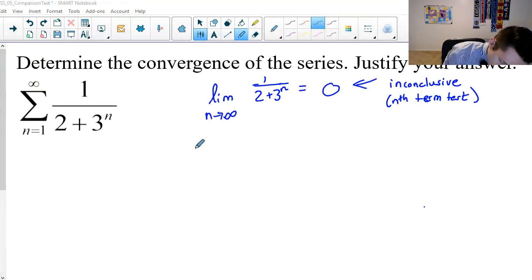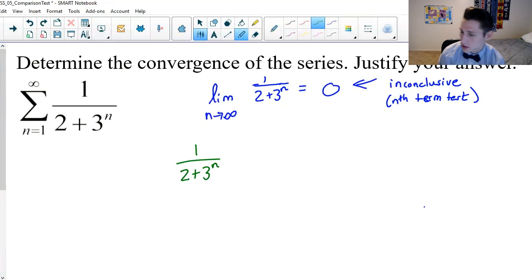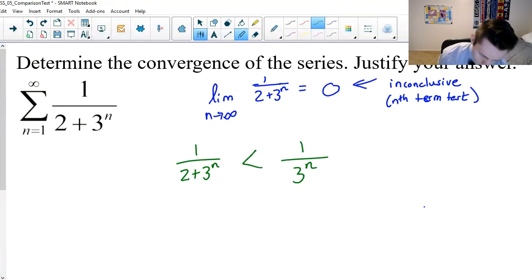Interestingly, like we talked about on our last screen, 1 over 2 plus 3 to the n, if I compare that to 1 over 3 to the n, it's less than 1 over 3 to the n.